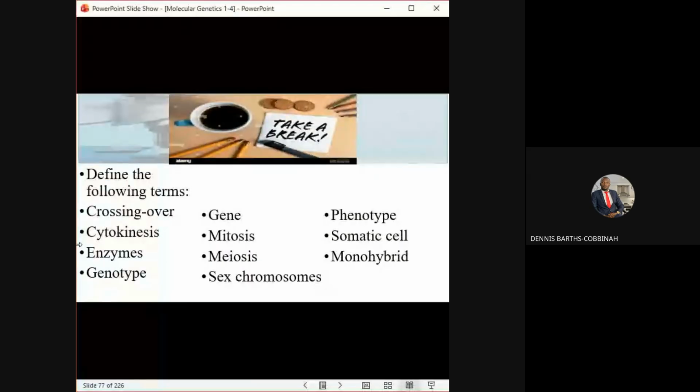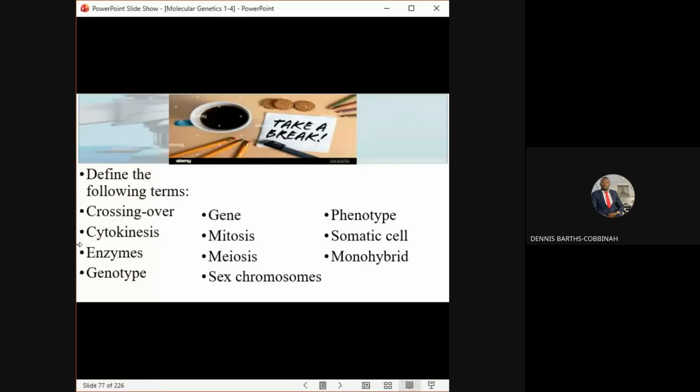So as we end today's session, this morning's session, I would want us to go through the definitions. Crossing over, we have discussed that. Cytokinesis, we have discussed that during cell division.